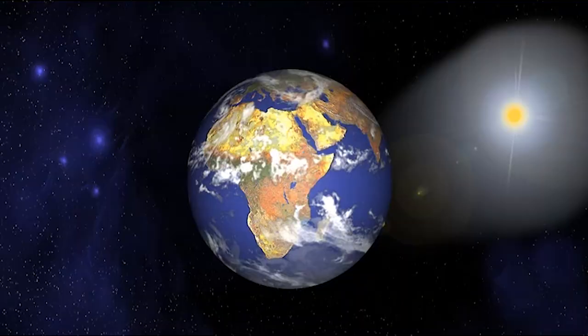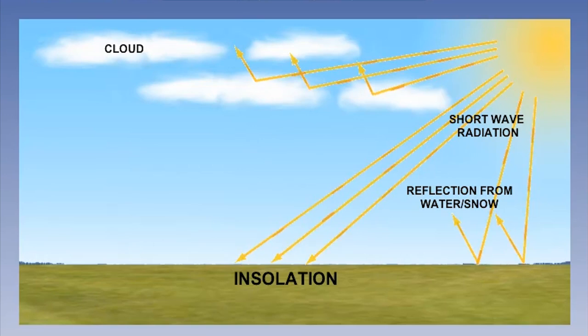Let's now consider the practical implications of temperature in the atmosphere. Energy from the sun, or solar radiation as it is called, has a short wavelength, around 0.15 to 4 microns to be precise. The Earth's atmosphere is almost totally transparent to this incoming shortwave radiation. The incoming energy passes through the atmosphere with little effect.